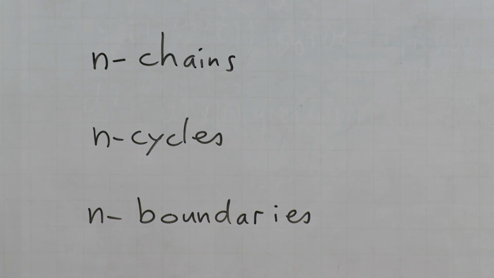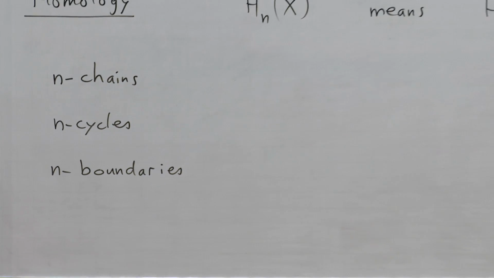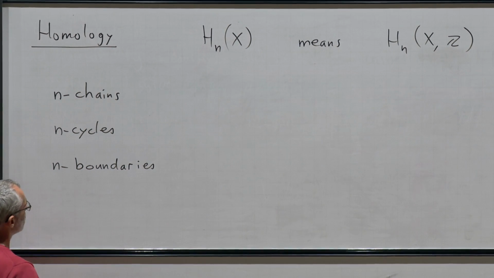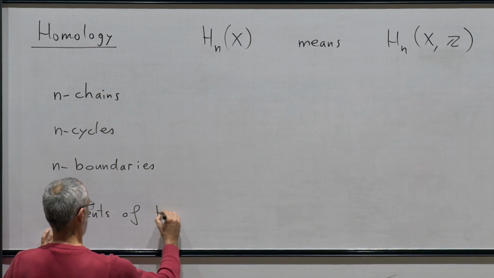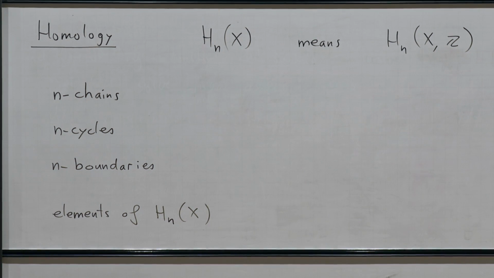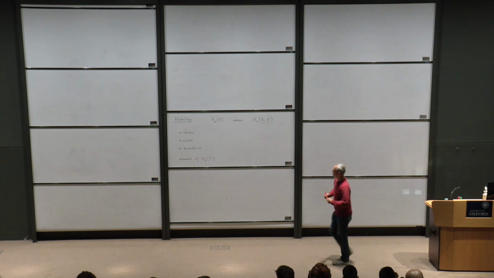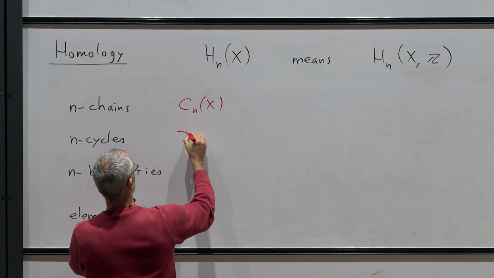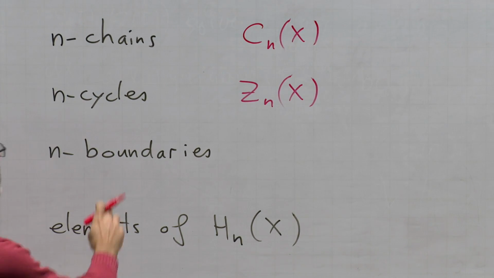And then there are elements of this group which are n-dimensional homology classes. And there are some standard names for these. So n chains is denoted Cn, n cycles is denoted Zn. So Cn of X, Zn of X, because the word cycle in German starts with the letter Z, and n boundaries.